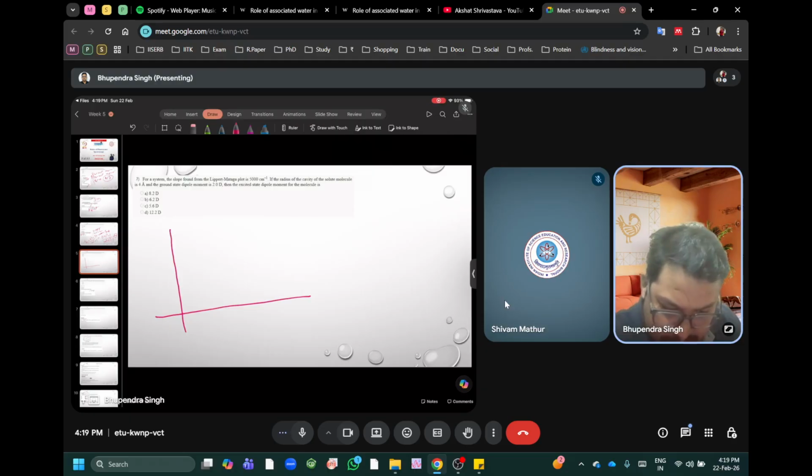For a system, the slope found from the Lippert-Mataga plot is this.